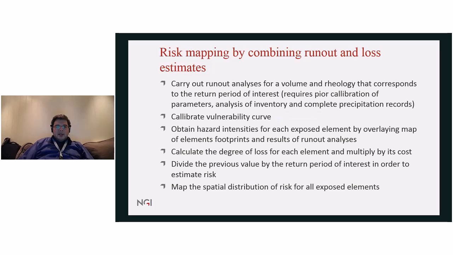We need to obtain hazard intensities for each exposed element by overlaying the map of element footprints and the result of the runout analysis. Then we need to calculate the degree of loss for each element, multiply by its cost, and divide the previous value by the return period of interest in order to estimate risk. And finally, we can map the spatial distribution of risk for all exposed elements.